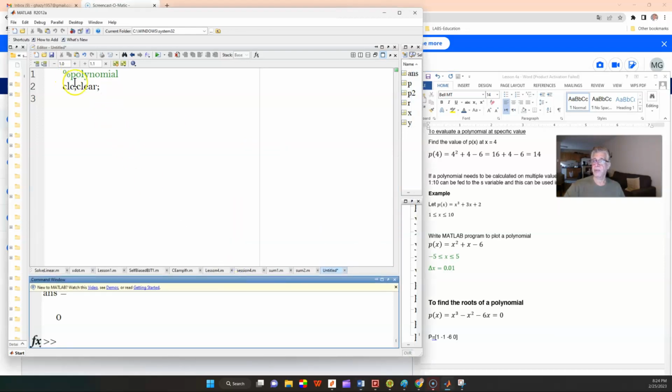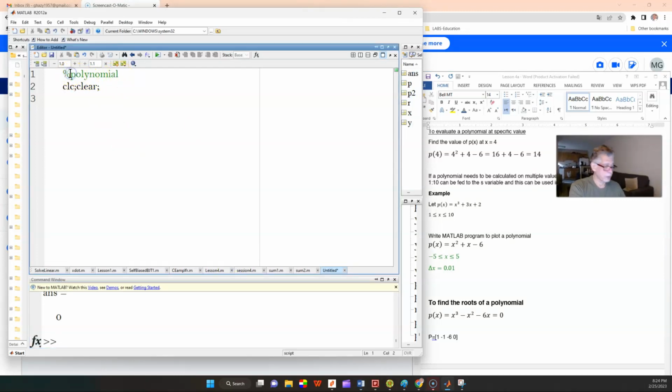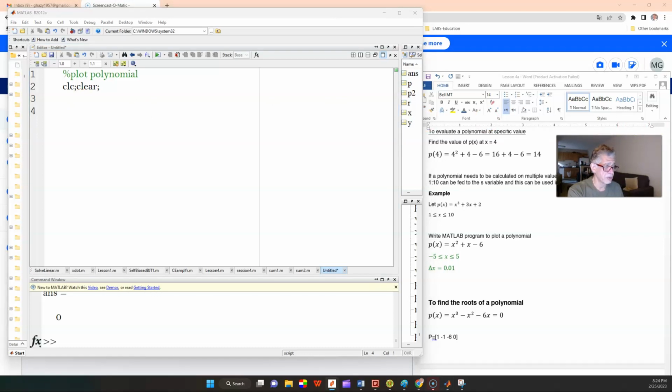I already prepared the program here. We're going to plot a polynomial. We use the same commands here, clc, clear, to make sure that the memory is clear and clean. And then we'll start to define the domain.